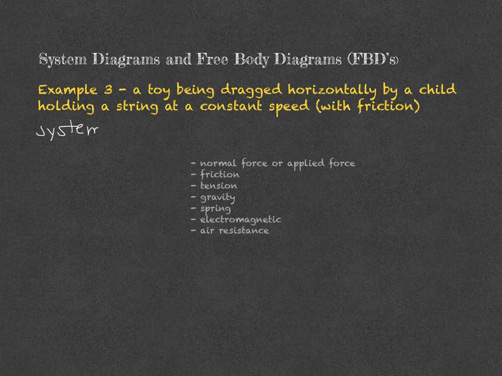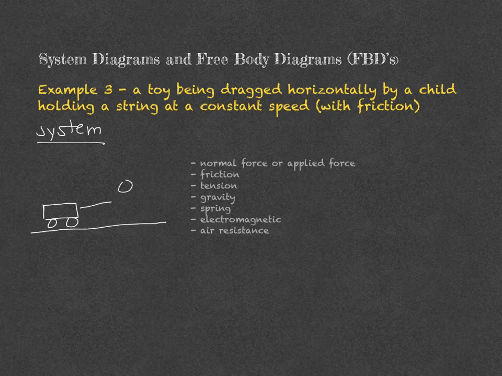I'm just going to assume it's a wagon on wheels or something on wheels. And it's being dragged along the ground horizontally by a child. And that is my basic sketch.